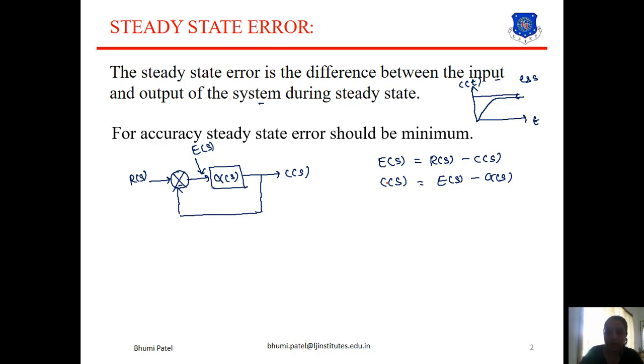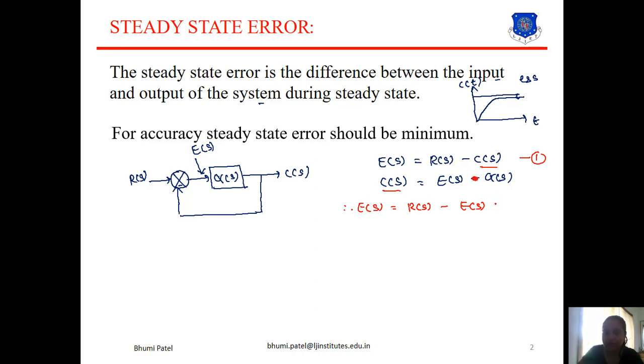Now put the value of C of S in equation number 1. So we can get E of S is equal to R of S minus E of S into G of S, because there is no summing point.